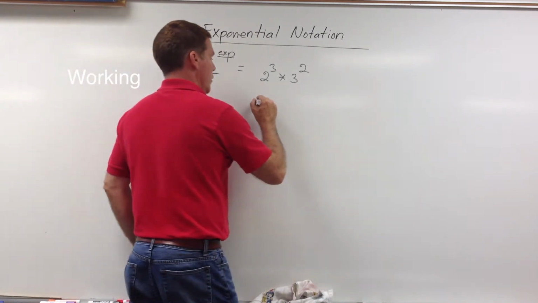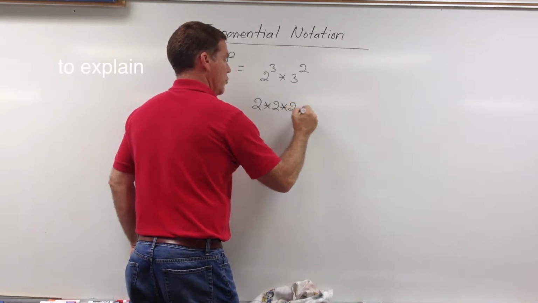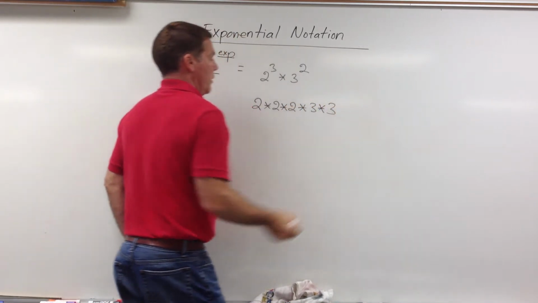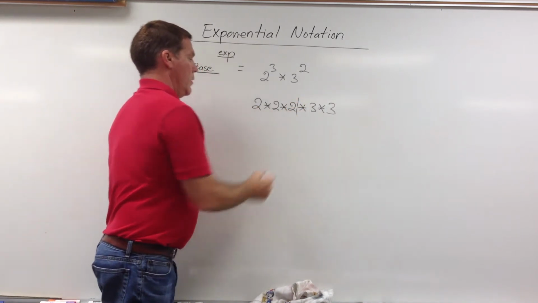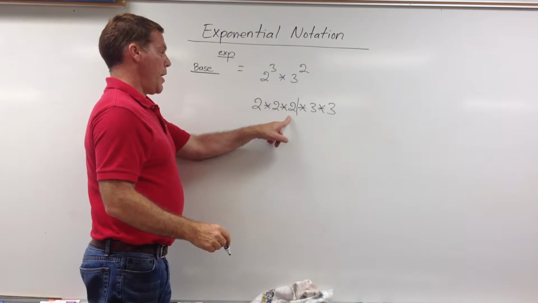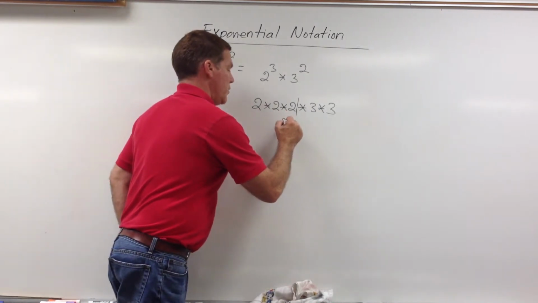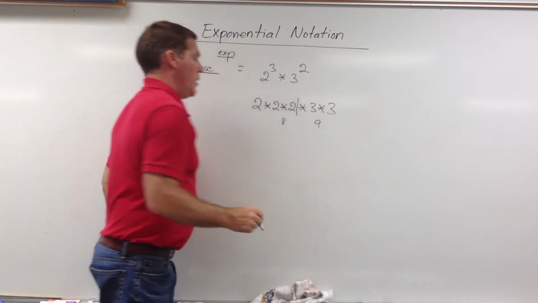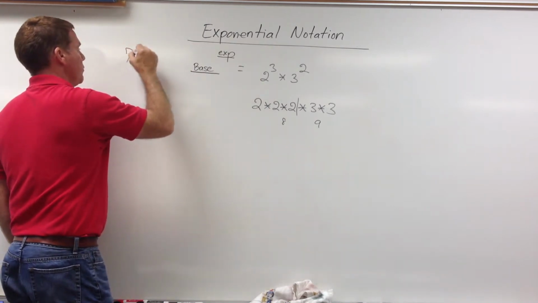It means 2 times 2 times 2 times 3 times 3. Okay? Now I know that 2 to the third power, 2 times 2 is 4, 4 times 2 is 8, that equals 8. I know that 3 times 3 is 9, 8 times 9 equals 72.